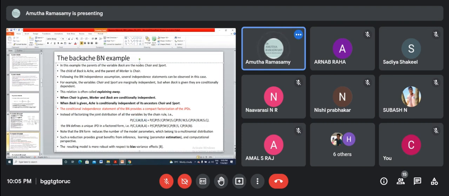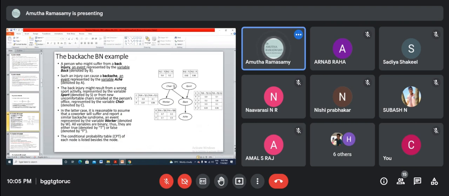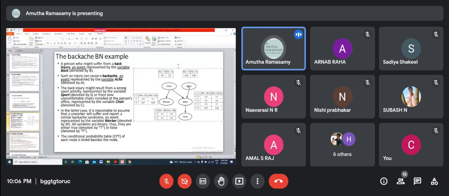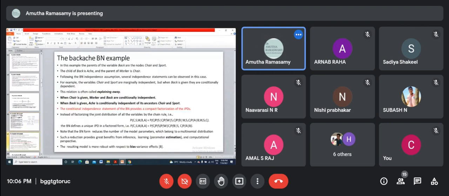We start from the chair. We have a probability for the chair. Knowing the probability of the chair, we are going to work on the probability of sport because it is at the same level.